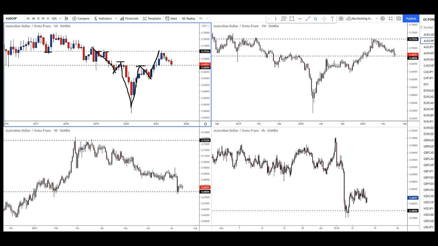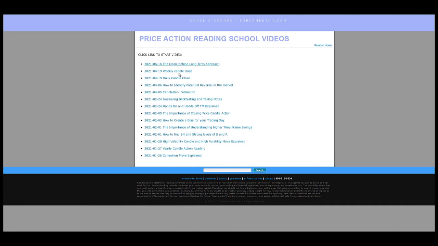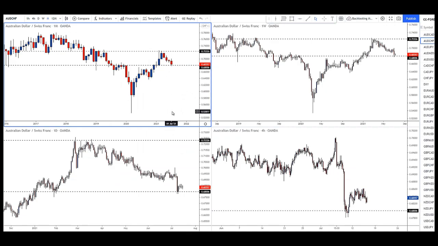And how do you identify a potential correction? Well, there are candlestick action formations. In this case it was an inside bar that everything started with, and obviously I have a price action reading school where I go through the correction move explained, also the importance of the yearly candles and everything you need to know about the candlestick formations, how to identify potential reversal in the market, weekly candle closes, daily candle closes, monthly candle closes, etc. This is very important information for you to grasp before you can see some nice juicy results within your trading.